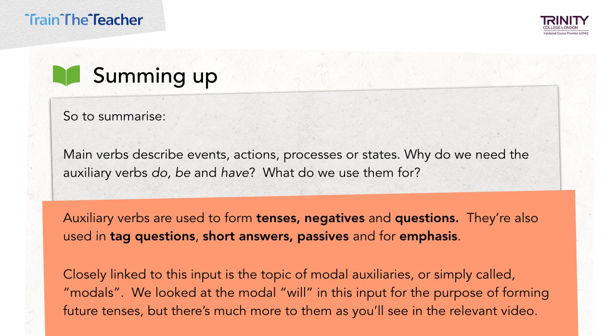They're also used in tag questions, short answers, passives, and for emphasis. Closely linked to this input is the topic of modal auxiliaries, or simply called modals. We looked at the modal will in this input for the purpose of forming future tenses, but there's much more to them, as you'll see in the relevant video.